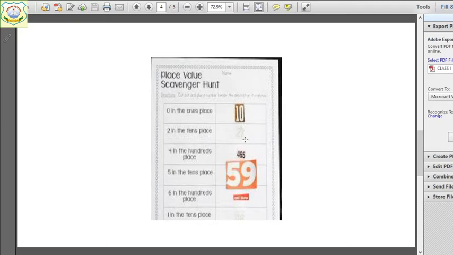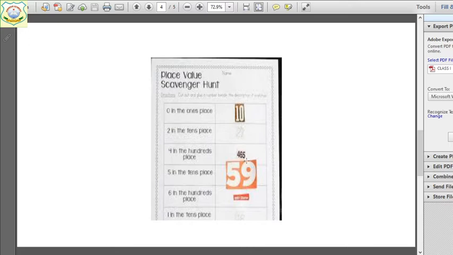Yes, 2 is in tens place. Come to the next number, children. The number given to you is 465. Which number is in hundreds place? Yes, 4 is in hundreds place.